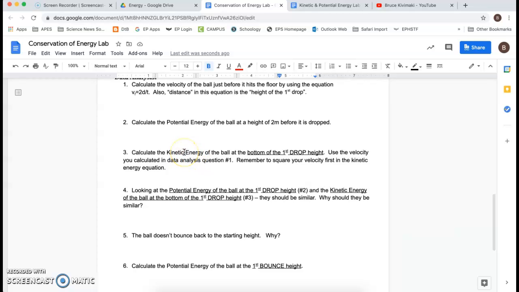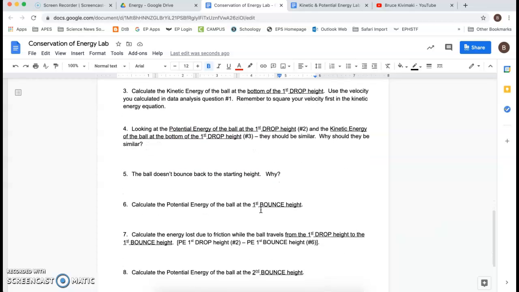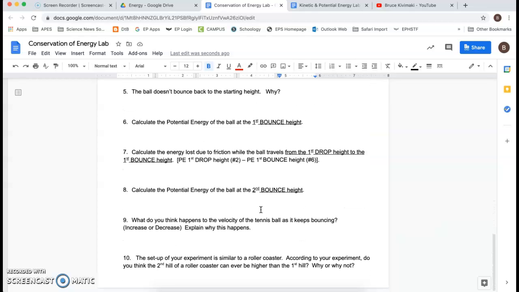We'll have the kinetic energy at the bottom just before it hits the ground, and then we're just going to compare them. So questions 2, 3, and 4 are the basic, very important questions. The rest of them are questions to do.